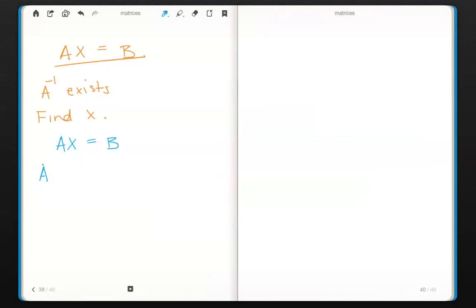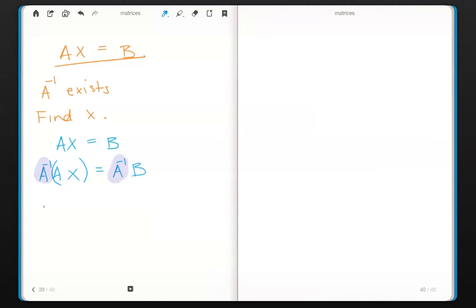So A to the minus 1 times AX equals A to the minus 1 B. See how I put it out the front here? Very important.